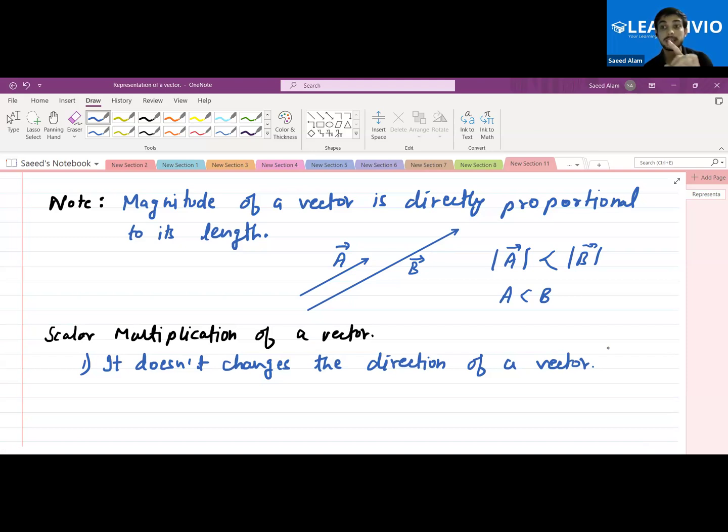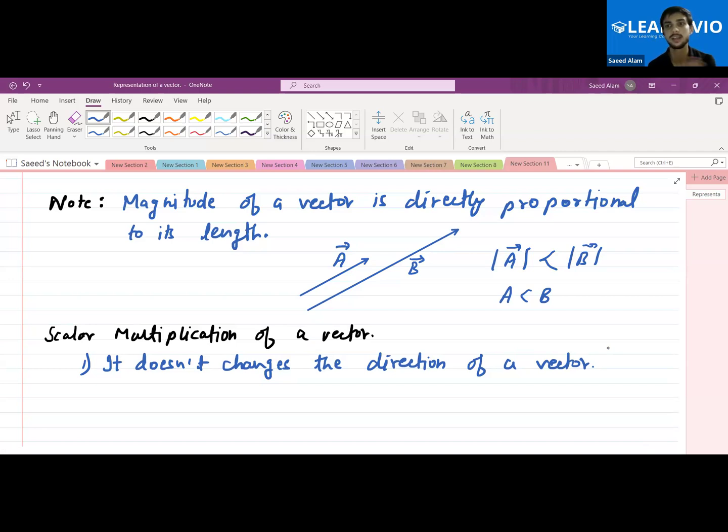But if I was saying it to you to reduce the vector to half, can I say it also like that, multiply 1 by 2 with that vector? Yes, I can say the same thing, because the same thing is going to happen if I say to multiply that vector with half, 1 by 2.